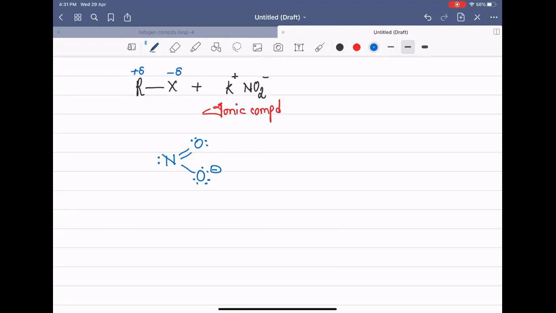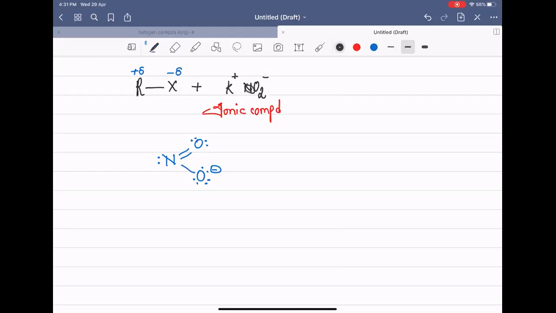So basically, NO2 minus would look like this. If you have this ionic compound here, it is your oxygen which would attack.